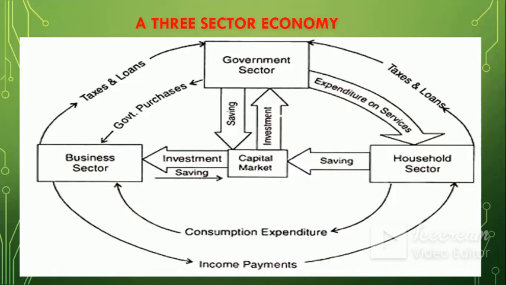If the government exceeds net tax, let me reiterate that. If government purchases exceed net taxes, then the government will incur a deficit equal to the difference between government expenditure and taxes.